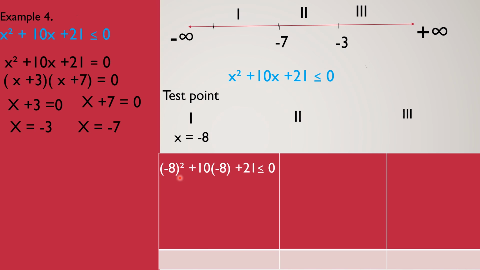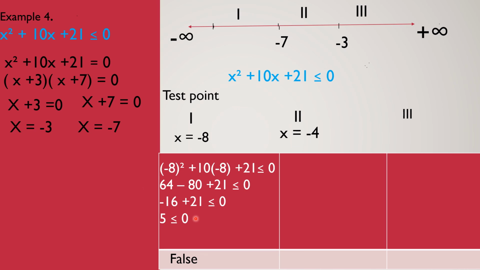So that is negative 8 squared plus 10 times negative 8 plus 21 less than or equal to 0. So 64 minus 80, because of this, plus 21 is less than or equal to 0. 64 minus 80 is negative 16, plus 21. 5 is less than or equal to 0, which is false.